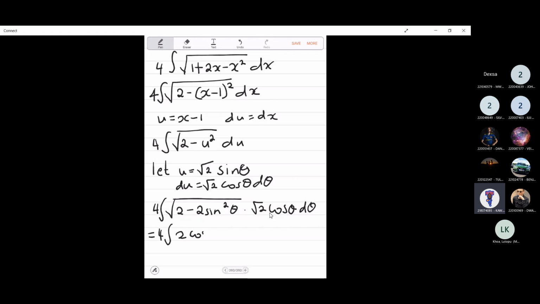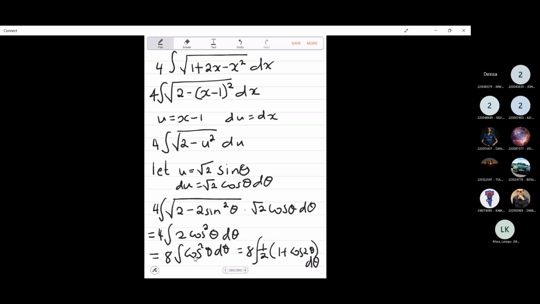Okay, this is 8 integral of cos squared theta d theta, and we said to integrate cos squared theta, we rewrite it as a half 1 plus cos 2 theta. So this is 8 half 1 plus cos 2 theta d theta.